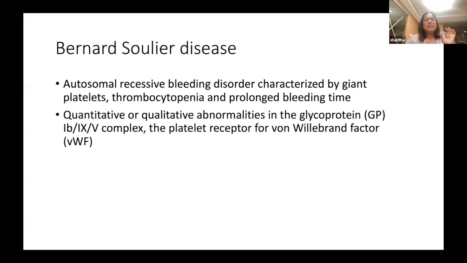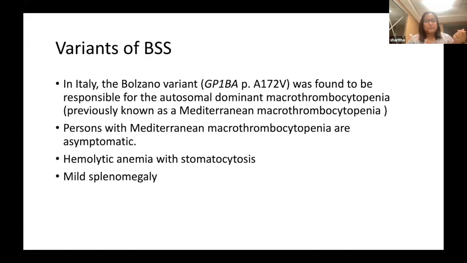GP1B-9 is the receptor for von Willebrand factor, and it causes adhesion of platelets to the subendothelial wall and the collagen. So this is the process of platelet adhesion. If GP1B-9 is absent, then platelet adhesion is abnormal and there will be prolonged bleeding time.